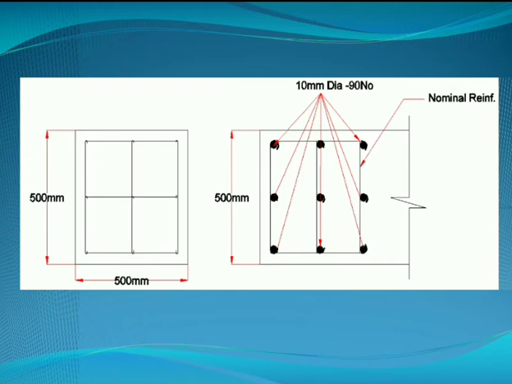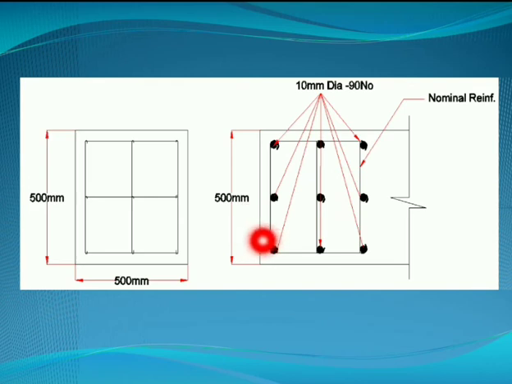Now if you talk with respect to spacing, initially we have to leave a gap of 50 mm here. Before providing the reinforcement, a 50 mm gap has to be left, and overall the reinforcement has to fit in 500. The limit is 500. So if we see the calculation, the total length available for providing reinforcement is 500.